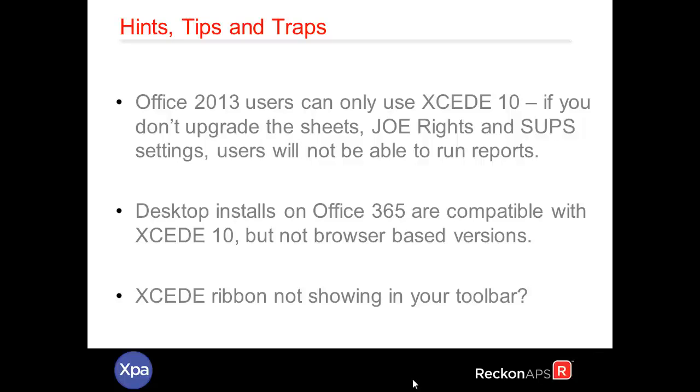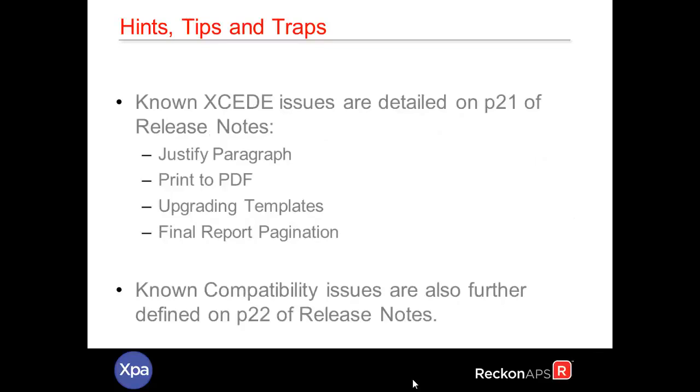If you have problems with not being able to open the Exceed ribbon in your toolbar, one of the options may be that on the first install, you may need to close and reopen. You may see the Open Exceed item that I showed in the web presentation. You may need to open that. Alternatively, if it's a brand new version of Office installed, please ensure that the macro settings are set to low so that you can see the ribbon.